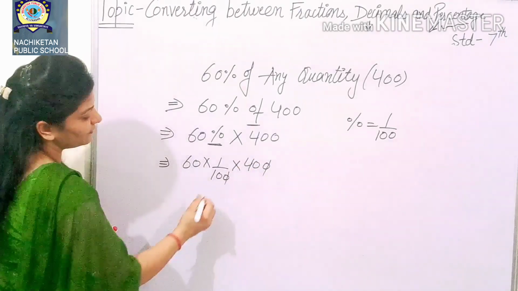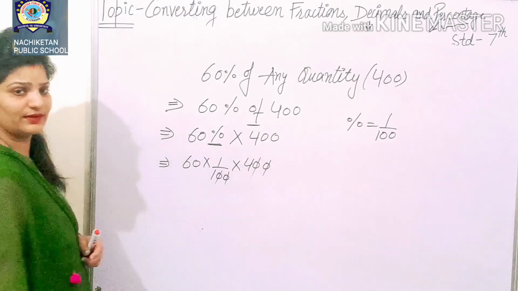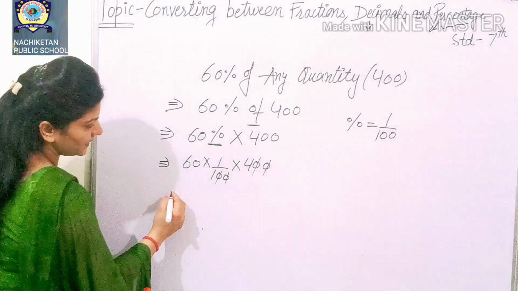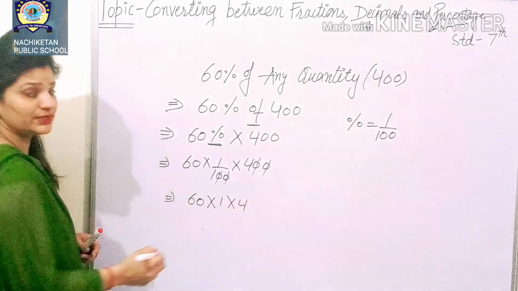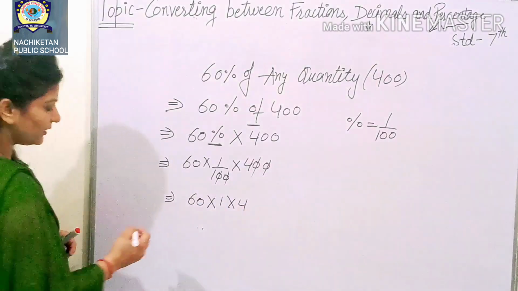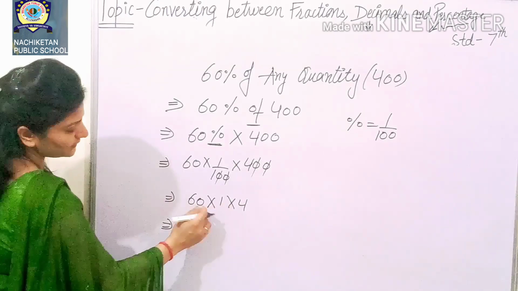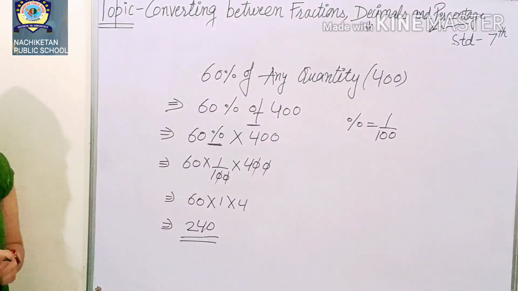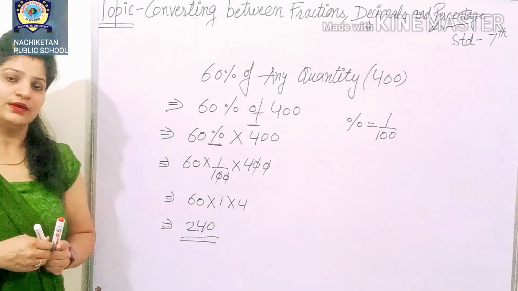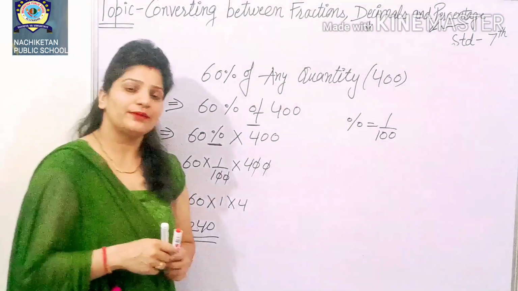This 0 I can cut with this 0. This 0 I can cut with this 0. And the remaining part is 60 multi 1 multi 4. This is the remaining part. Clear? Now multiply these three numbers. It will be 240. This 240 is your answer. Clear? Hope so you understand about it.